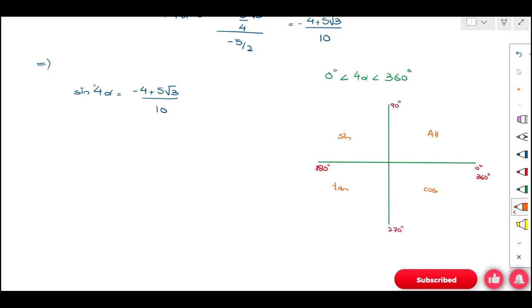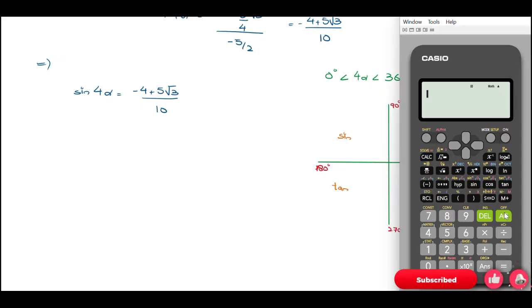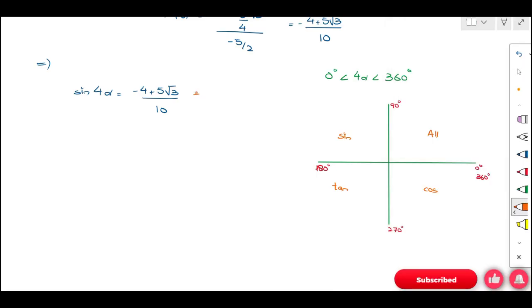So is minus 4 plus 5 root 3 divided by 10 positive? Yeah, this whole thing is positive, right? So this tells us that sine is positive in the first and second quadrant. So in the first quadrant, your angle is your base angle. And what is the angle? Angle is 4 alpha. This is your base angle. And in the second quadrant, your angle is pi minus the base angle.